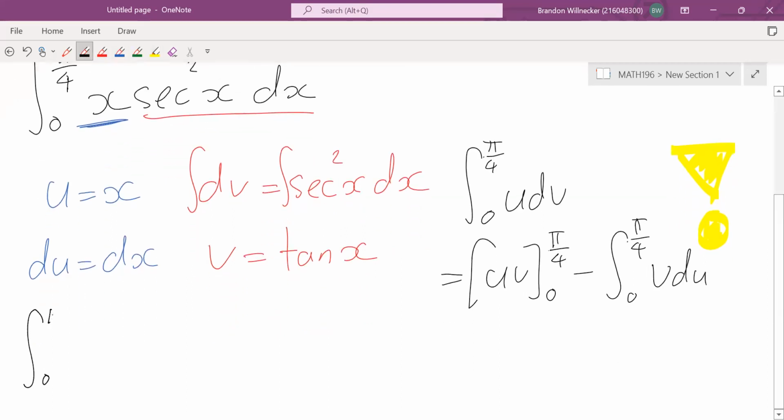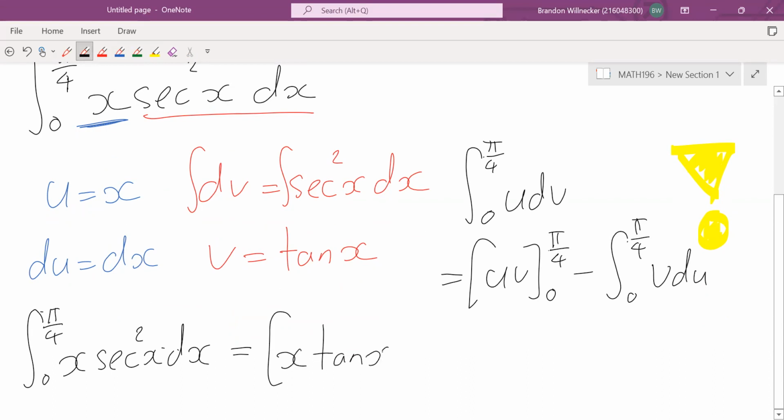The integral from 0 to pi/4 of u dv is just our x sec squared x dx, which is what we started off with. This is going to be equal to u times v from 0 to pi/4. So that's going to be x tan x from 0 to pi/4 minus the integral from 0 to pi/4 of tan x dx.